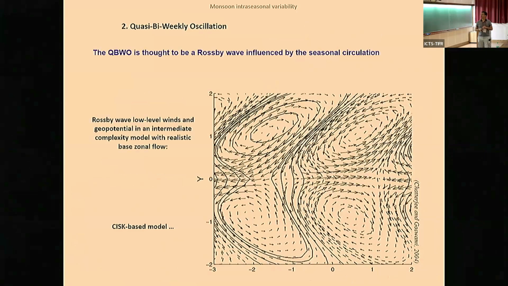Just imposing a zonal mean flow seems to be enough to create this modification from the classical pattern of the Rossby n equals 1 mode, which is symmetric about the equator. This is what Chatterjee and Goswami did 20 years ago.